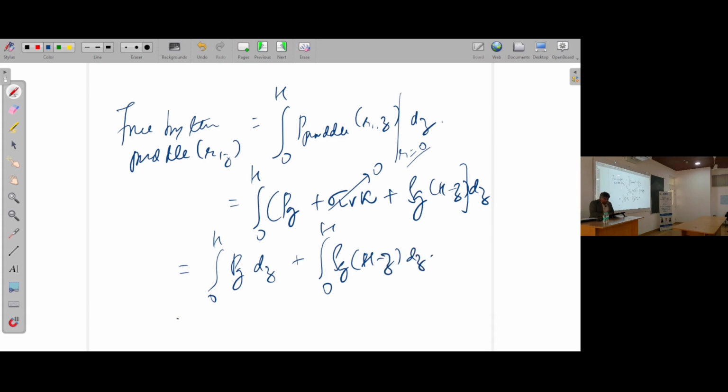So this becomes, if I apply the limits, P gas h, plus you will get rho g h squared if I just integrate this once, minus rho g z dz, which is z squared by 2. If I apply the limit, this becomes h squared by 2.